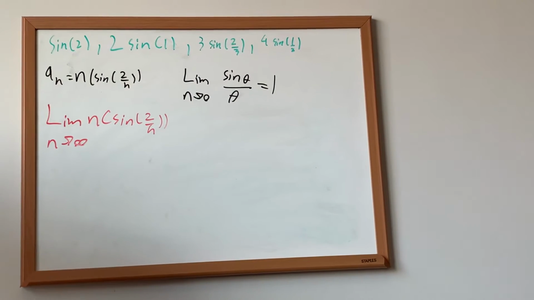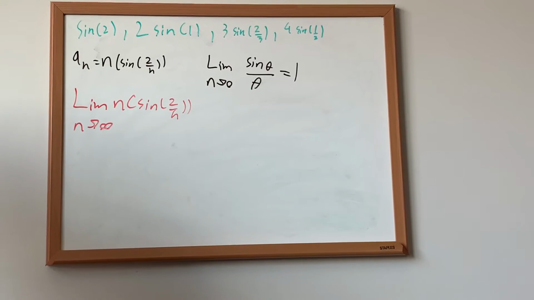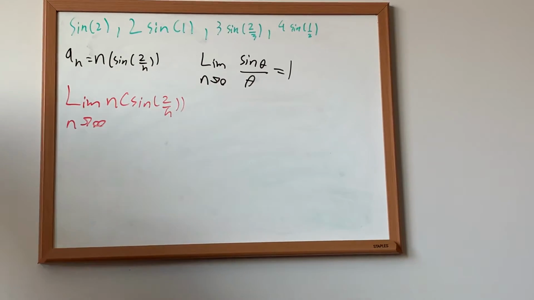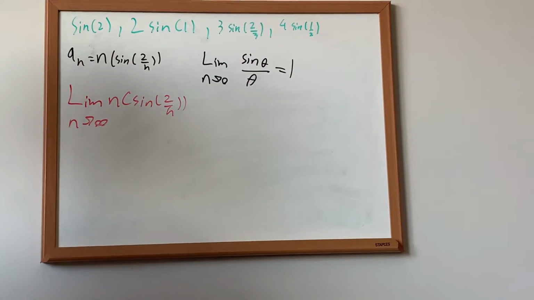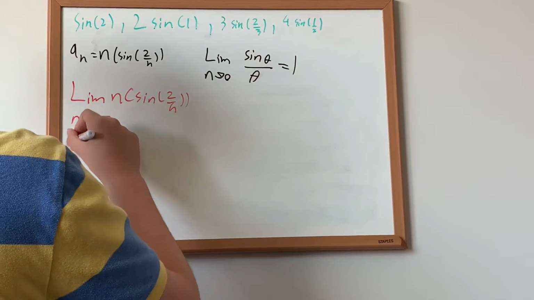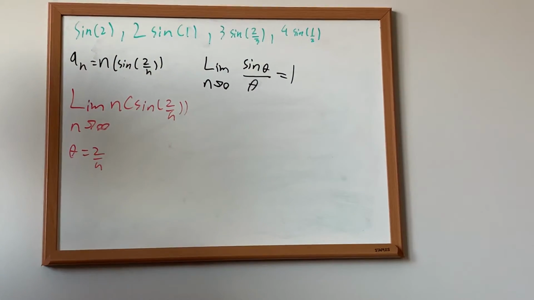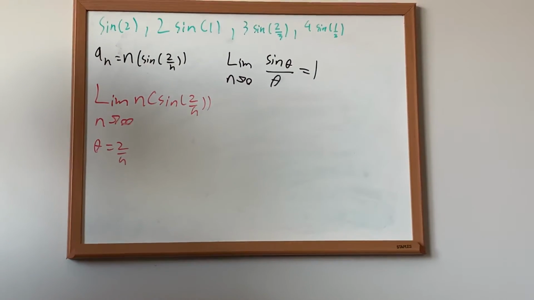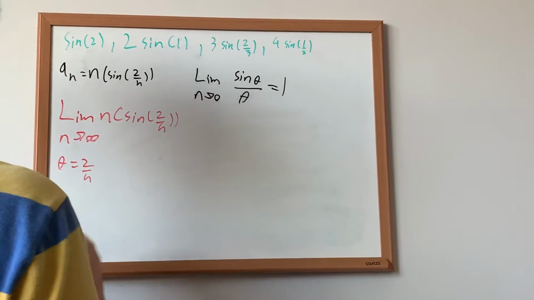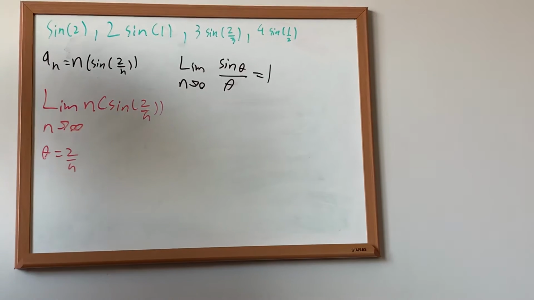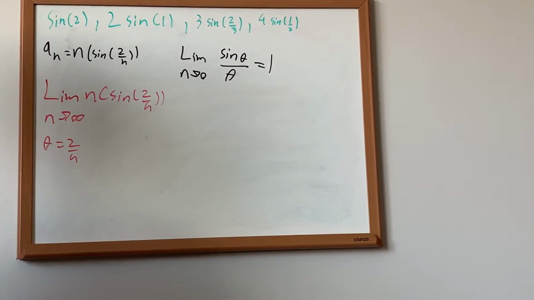So now if we want to calculate this, we should use substitution. We can let theta be equal to 2 over n. Now, if theta is 2 over n, what is n? If we take the reciprocal, we get n over 2 is 1 over theta, or 2 over theta is n.